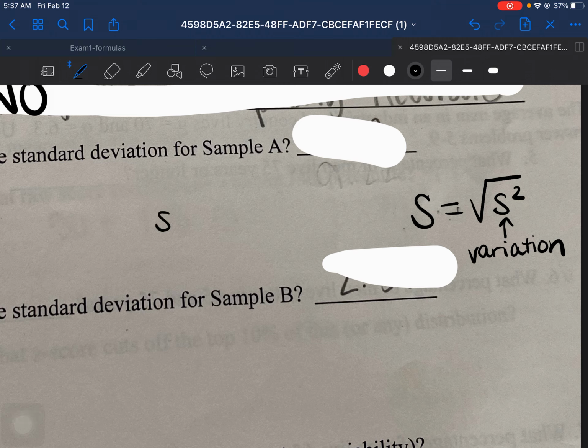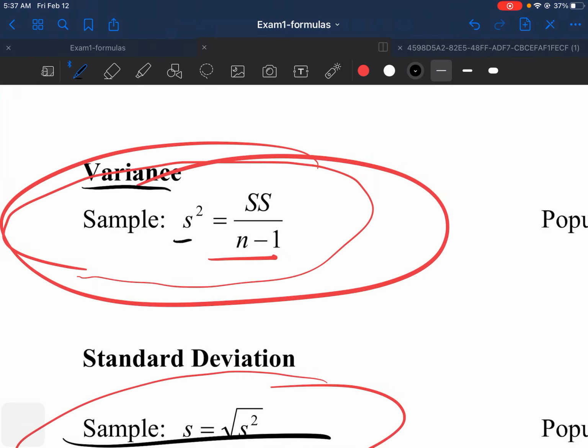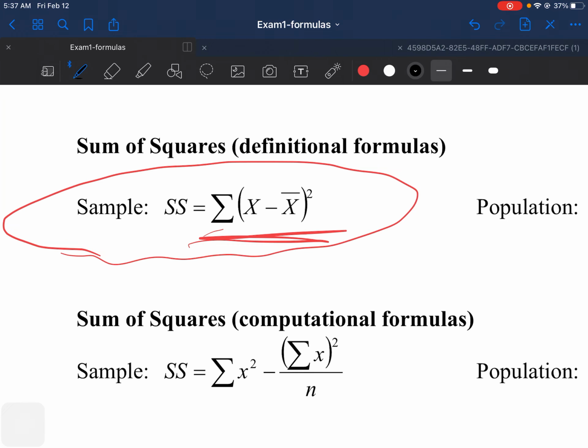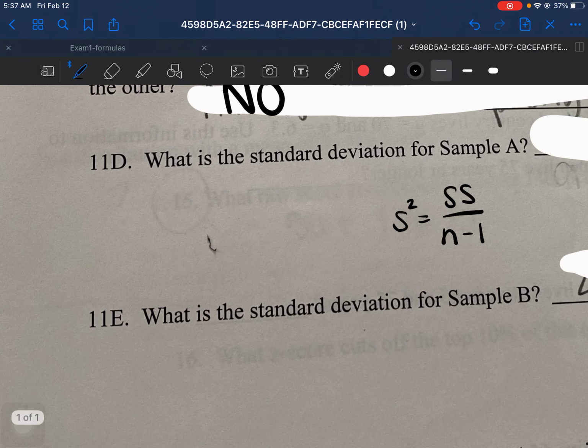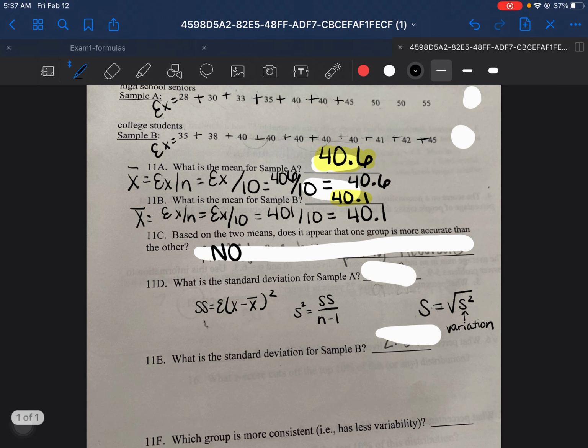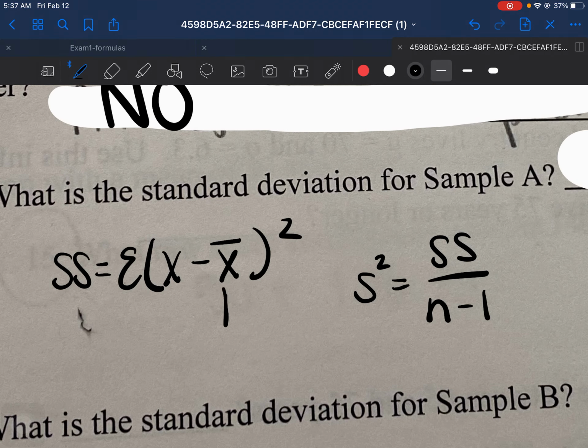But we also don't have sum of squares, so we've got to go find the sum of squares formula, which is sum of squares equals sigma x minus x bar squared, and we have x bar. x bar is 40.6, because remember that this means the mean of the sample.